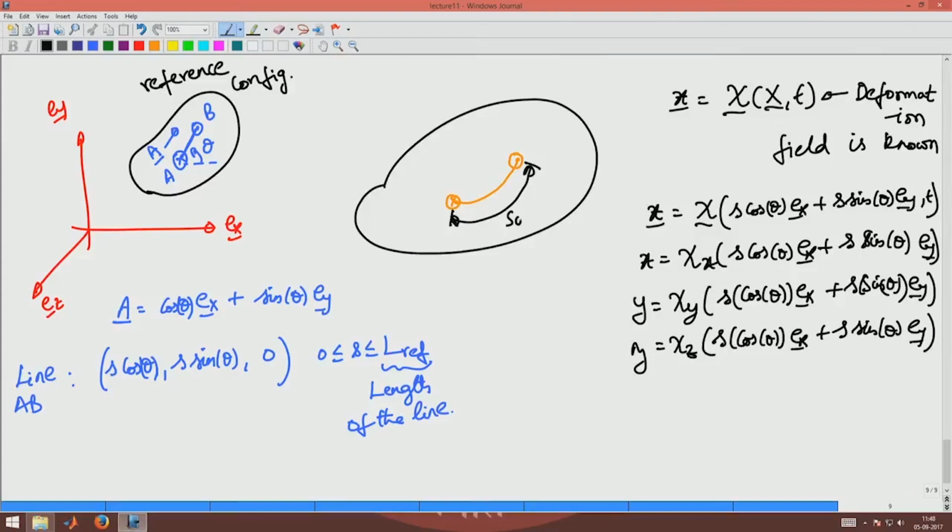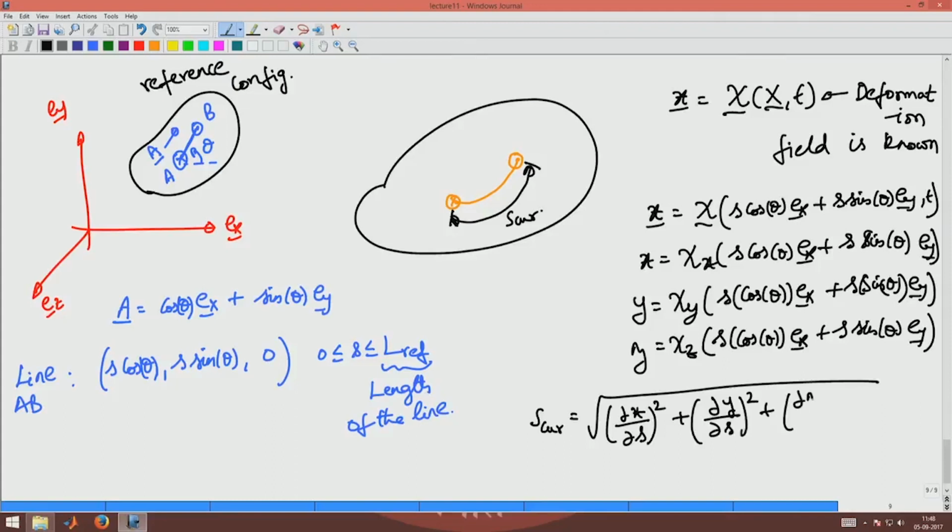Now, if I were to find the deformed arc length, if I were to find this length, which I will denote by S current, S current would be the integral from 0 to L ref of the square root of (dou x by dou s) the whole square plus (dou y by dou s) the whole square plus (dou z by dou s) the whole square, ds, because s is the variable here, theta is a constant, that is how we represent a line.